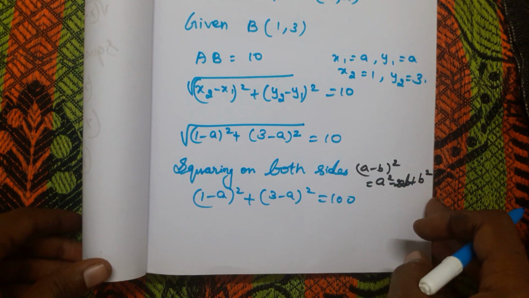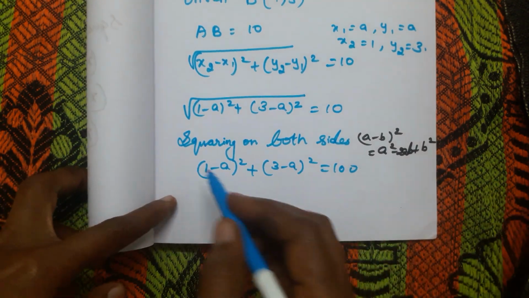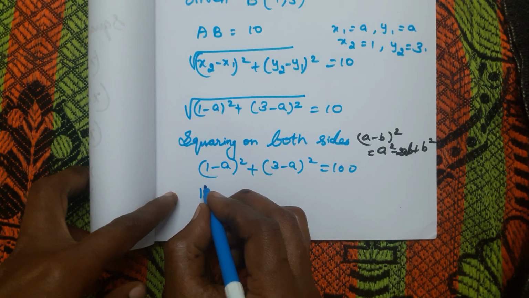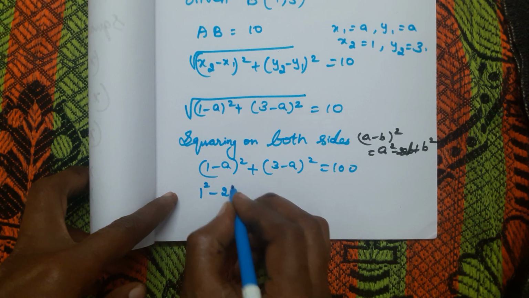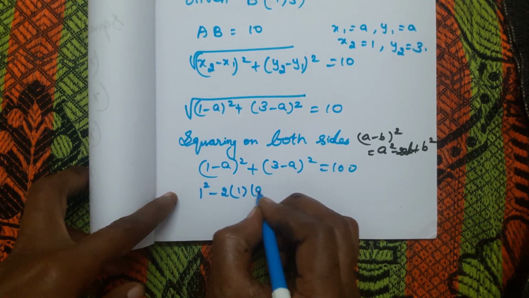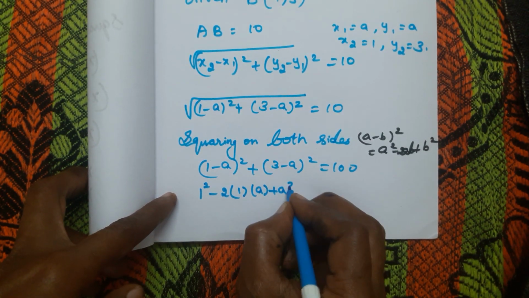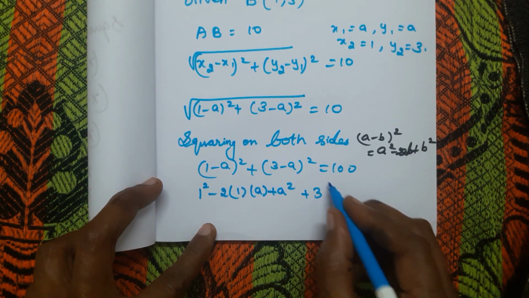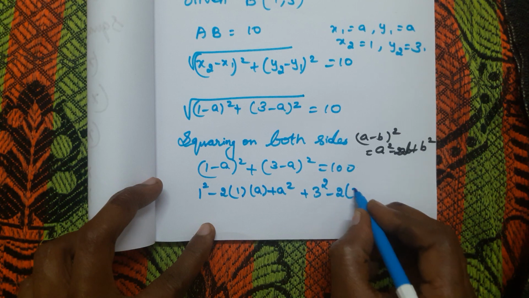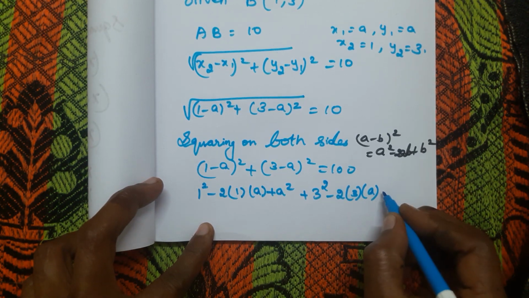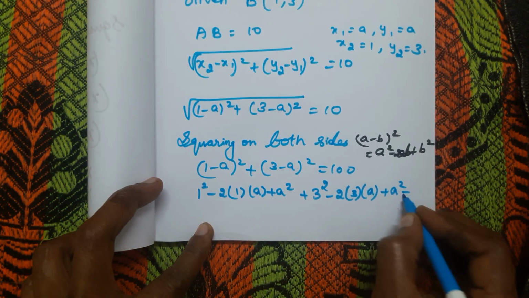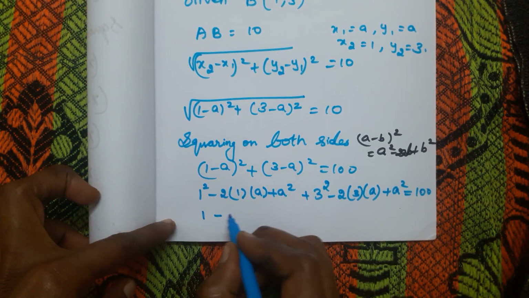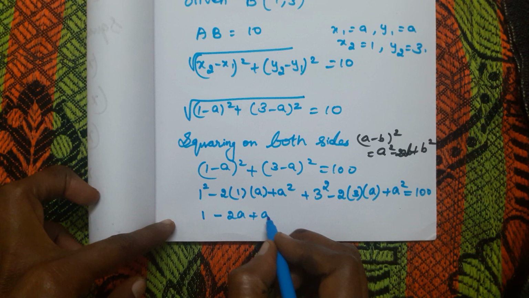So using the (A minus B) the whole square formula here: 1 square minus 2 into 1 into A plus A square. Next here also, (A minus B) the whole square: 3 square minus 2 into 3 into A plus A square is equal to 100. 1 square is 1, next minus 2A plus A square.